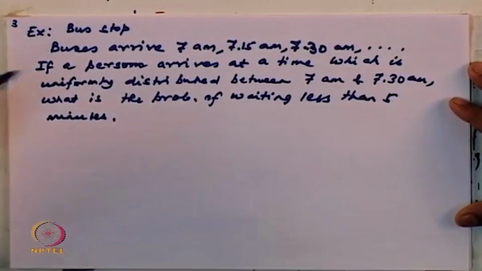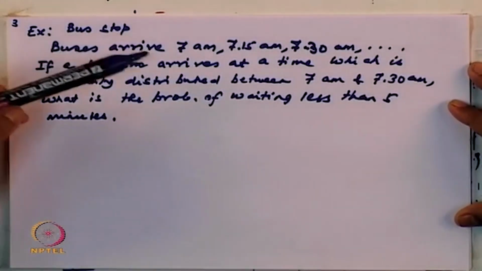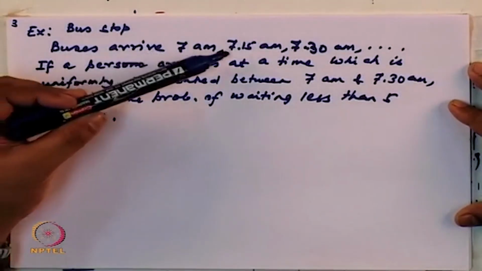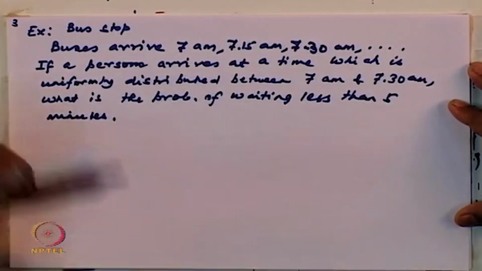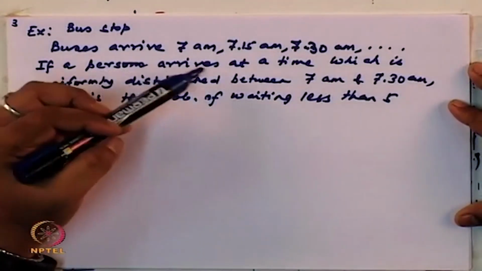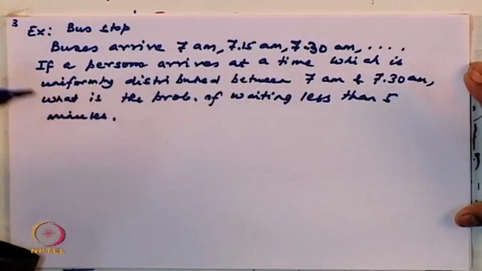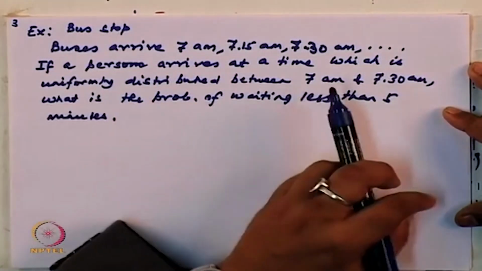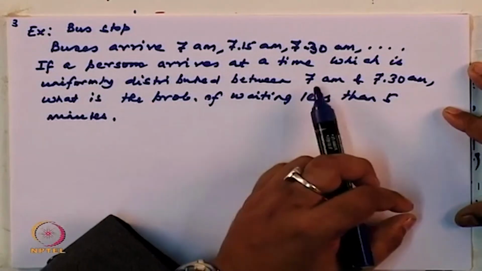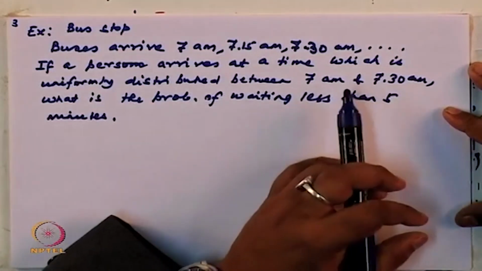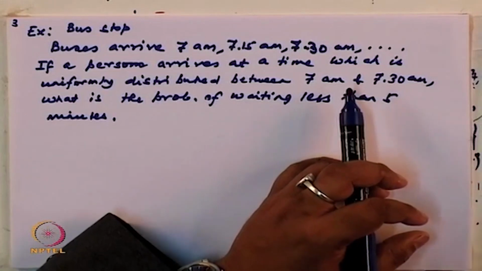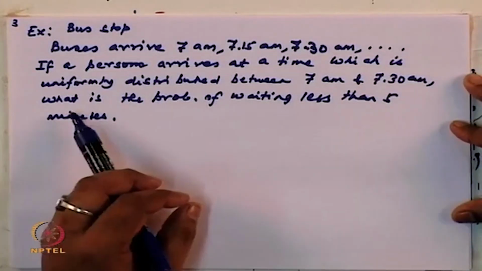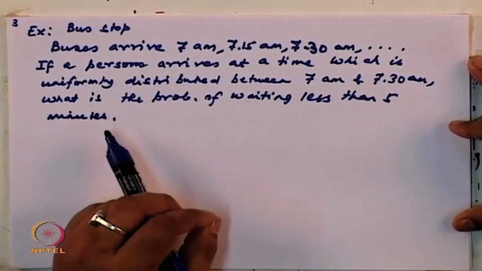Let us read the problem. The buses arrive every 15 minutes, so 7, 7:15, 7:30, and so on. The person arrives at a time which is a random variable uniformly distributed between 7 and 7:30, which means the person has equal chance of arriving at 7, 7:01, and so on up to 7:30. So, what is the probability of waiting less than 5 minutes?